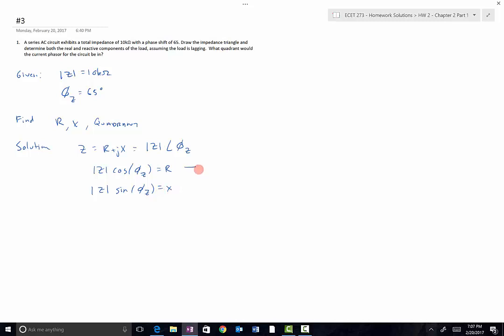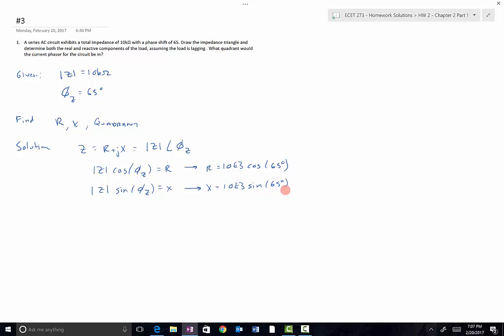So we can say that R is equal to 10 e to the third times the cosine of 65 degrees, and we know that X is equal to 10 e to the third times the sine of 65 degrees.